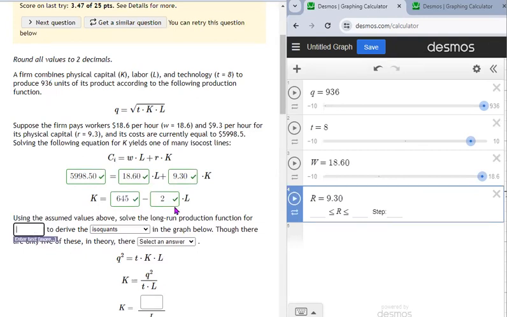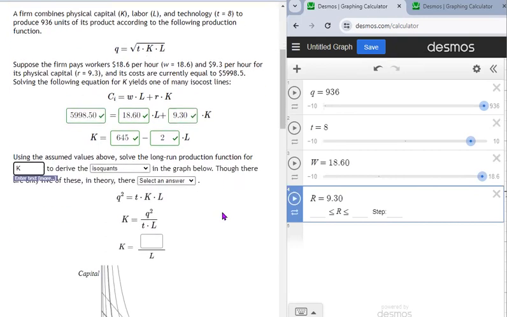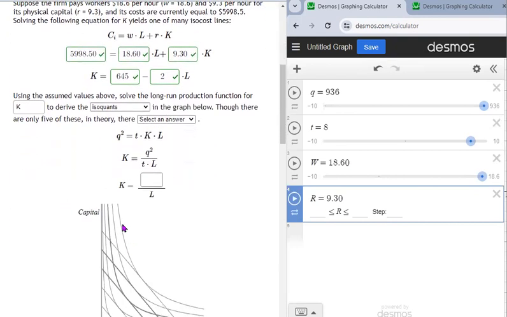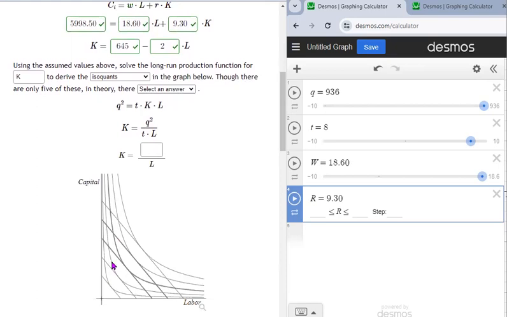We're going to solve it for K. Now, though there are only 5 of these isoquants in the graph, in theory, there are infinitely many, right?